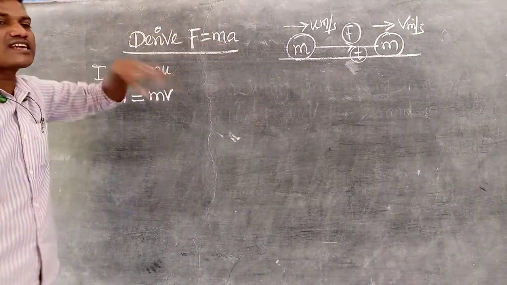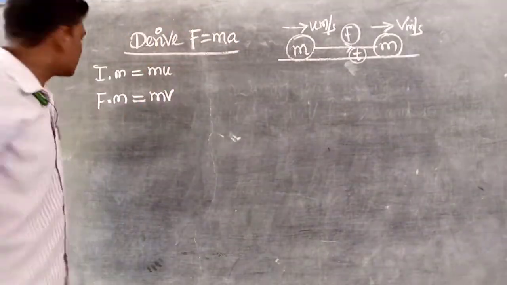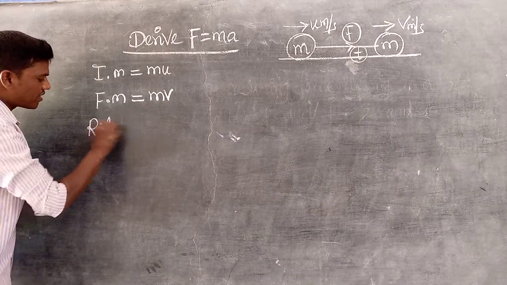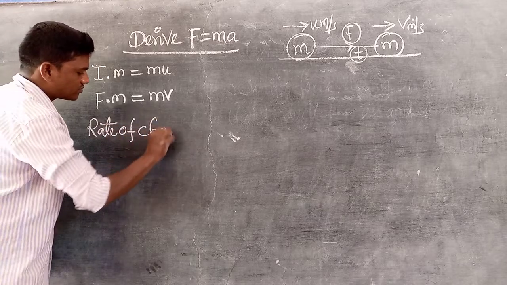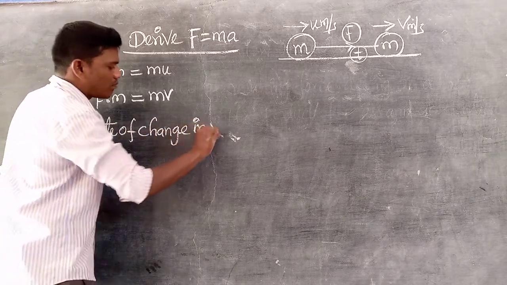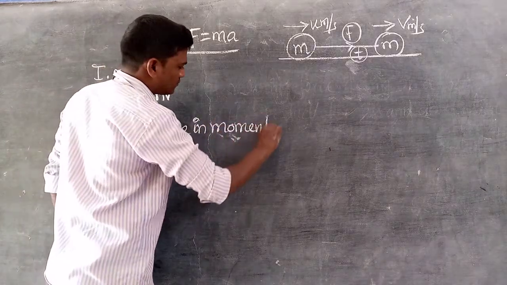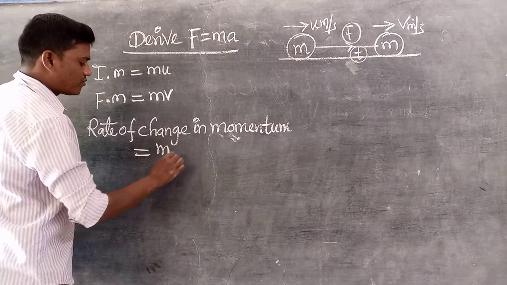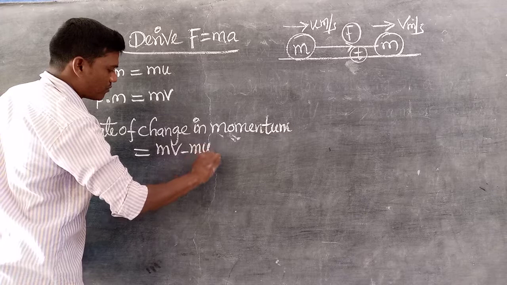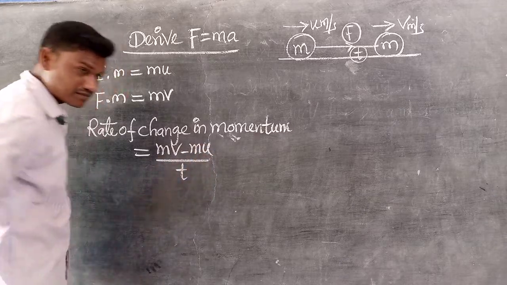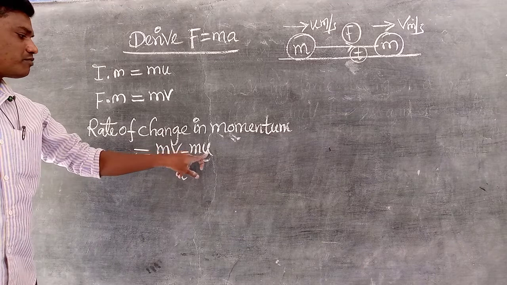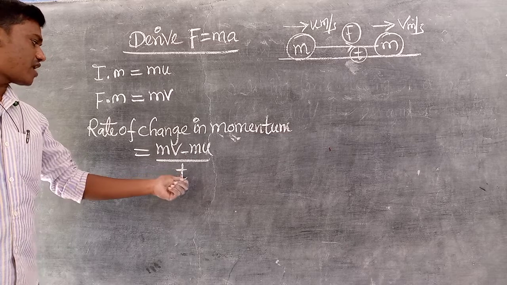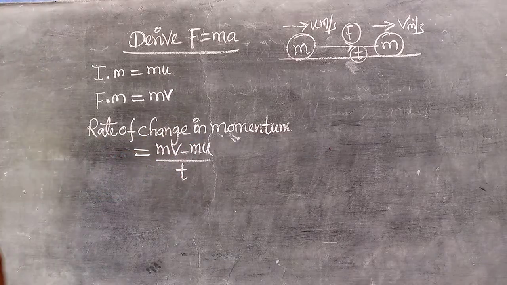Rate is nothing but the time t in which the momentum changes. So the rate of change in momentum is equal to (mv minus mu) upon t. Here mv minus mu is the change in momentum and t is the time. That's why change in momentum with respect to time is called rate of change in momentum. We know that.